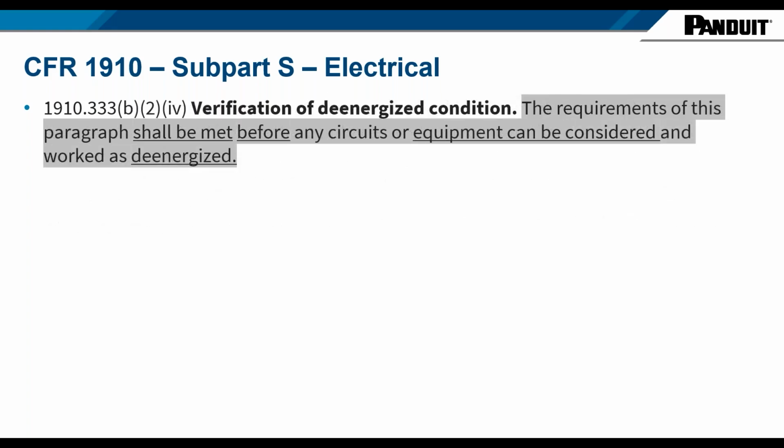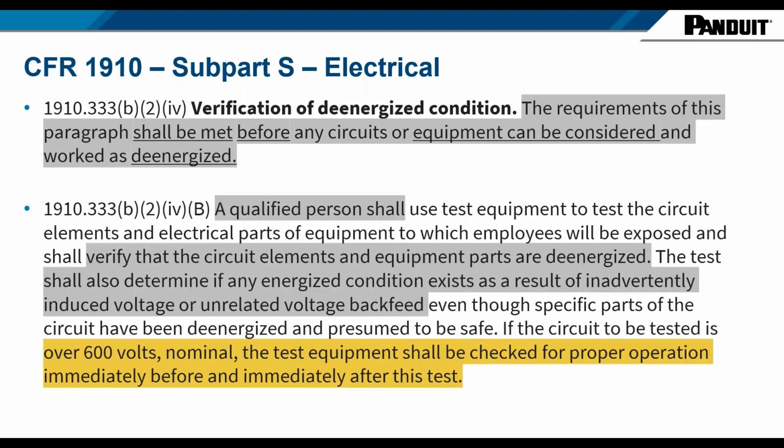Getting to the next portion, 333(b)(2), verification. The requirements of this paragraph shall be met before any circuits or equipment can be considered and worked on as de-energized. So (b)(2)(iv) is just part of that verification of de-energized conditions. It gives a little more criteria for what needs to happen to be considered de-energized.